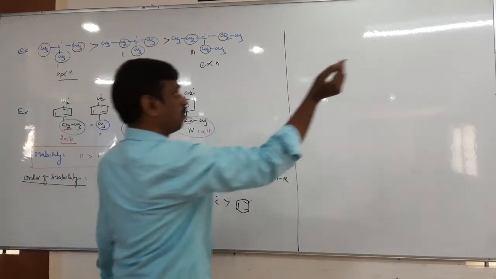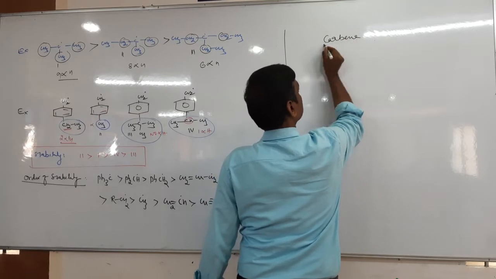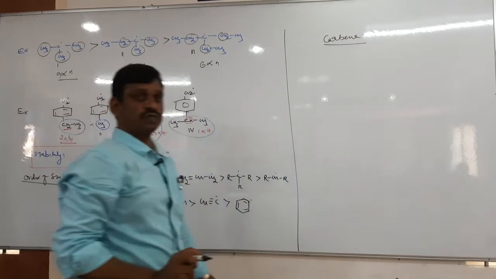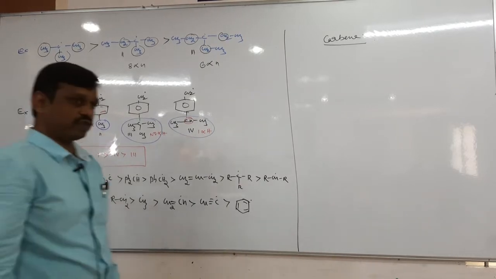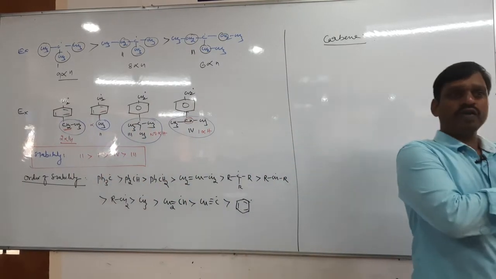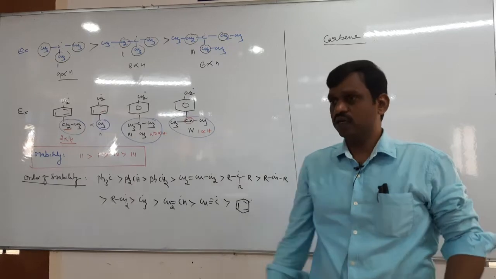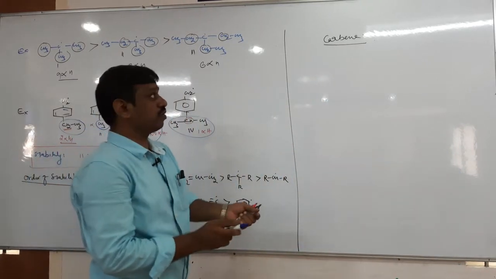Next is carbene. What are carbenes, their preparation and structure? The concept of carbene you might not have studied at plus 2 level, and it is important; we will get questions from this.